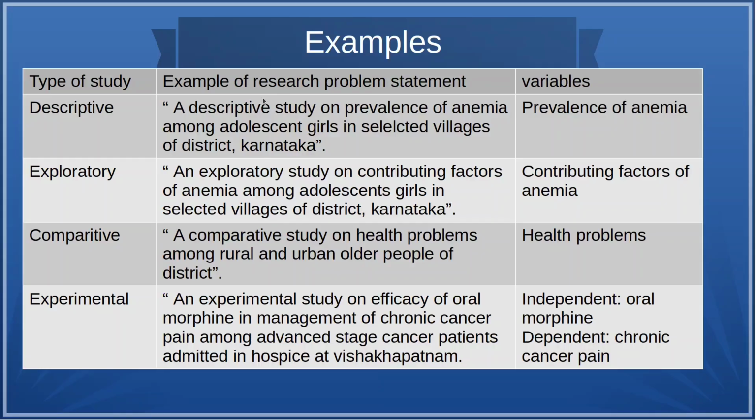Here you are conducting a descriptive study, just gathering some data on how the disease of anemia is prevalent among adolescent girls in selected villages. You are selecting only some villages in the districts of Karnataka. What are the variables here? Prevalence of anemia changes from one village to another village. This is going to change, it varies. That is called a variable.